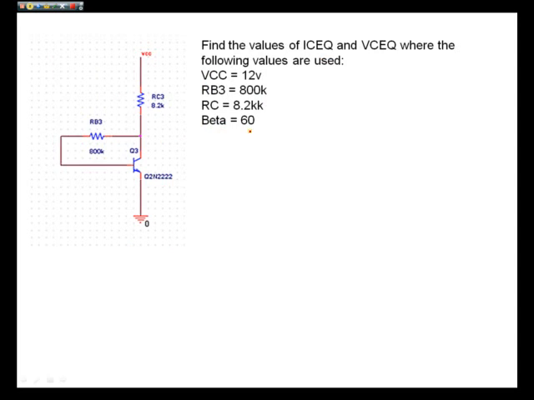Let's have a look at another design. This one's a little bit more complicated because we have a feedback bias. Collector resistance, base resistance. We're going to need to calculate out some values. So we've got our components on here. We're working from a 12 volt supply. It's not stated, but we're going to assume VBE is 0.7 volts again.